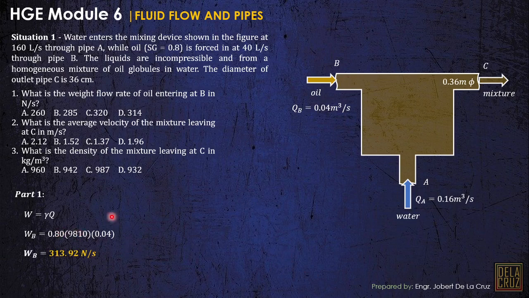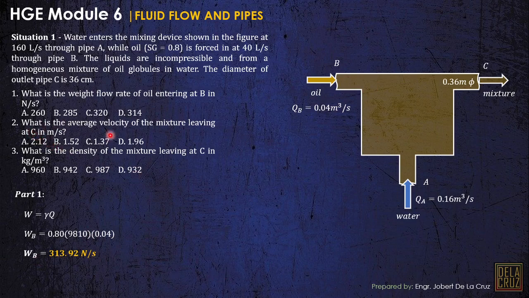Okay, just follow the units, no? Dapat cancel out. Of course, this unit weight is in newtons per cubic meter. Ito, cubic meters per second. So the cubic meter can be cancelled out. Then yung matitira is newtons per second.